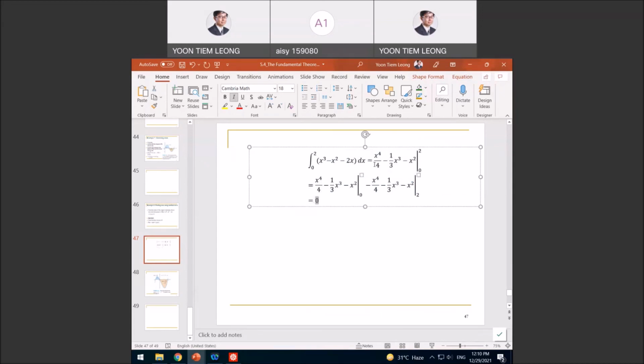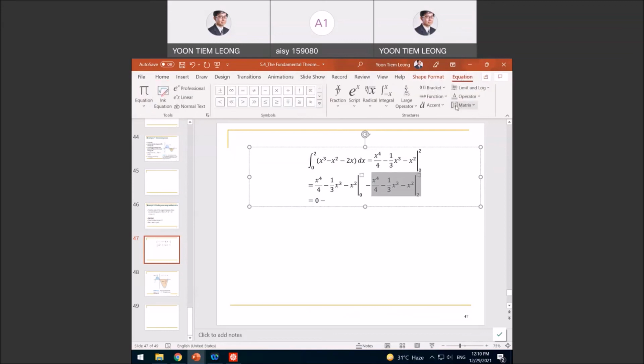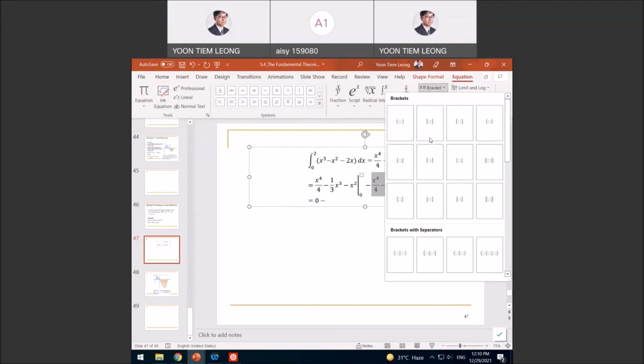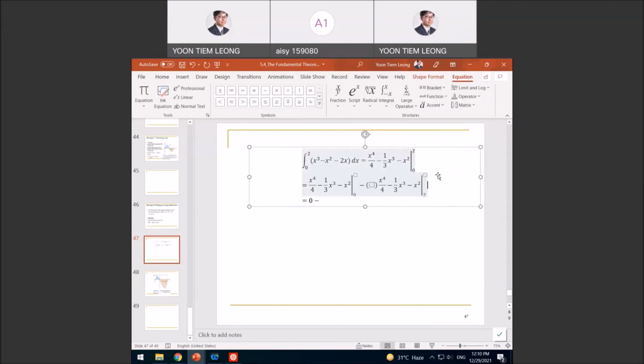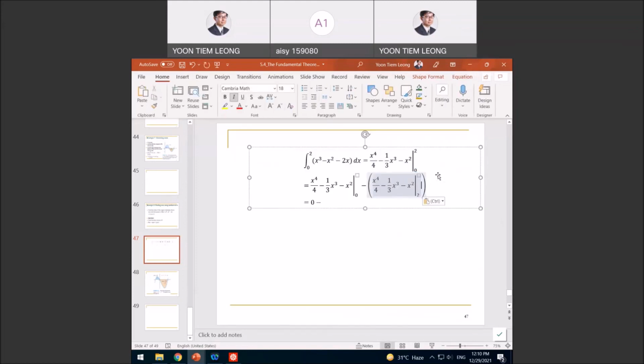This 0 refers to evaluating the polynomial at 0, right? Then you have minus something. That something is just equal to the expression given by this. So it is a function that includes everything. To make things more clear, I would like to enclose it in a bracket, to show that it is a minus sign there. So be careful of the minus sign.